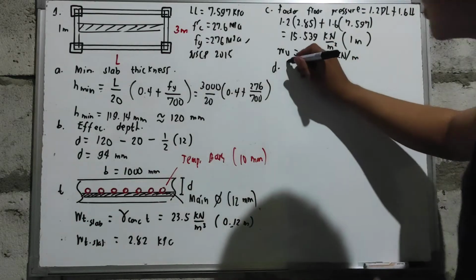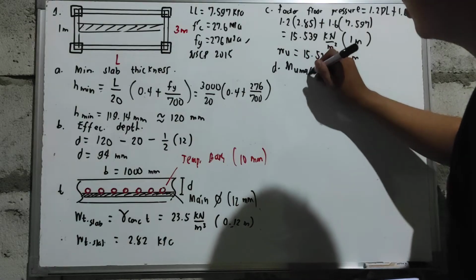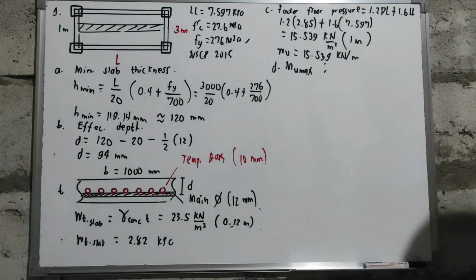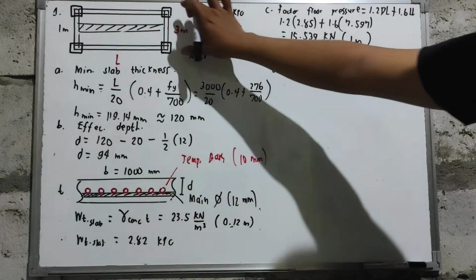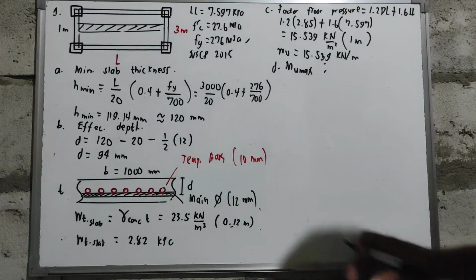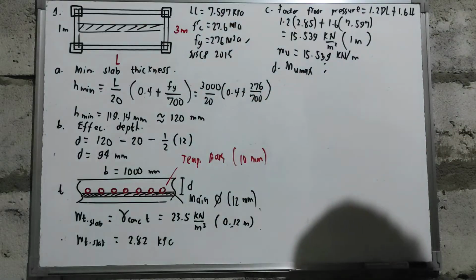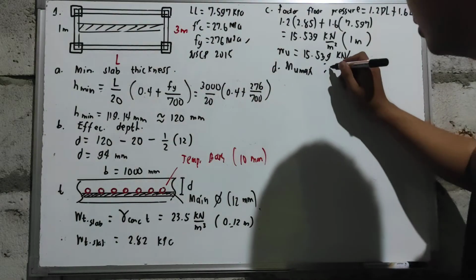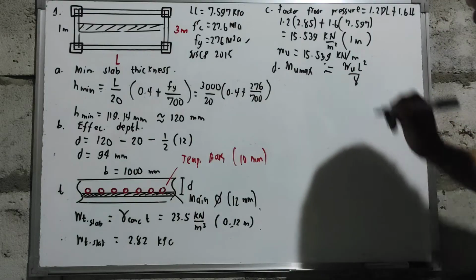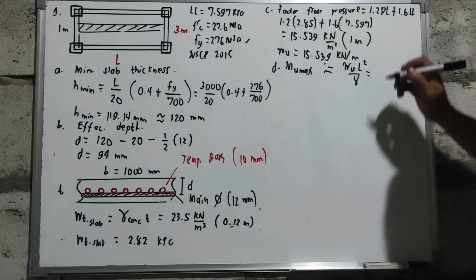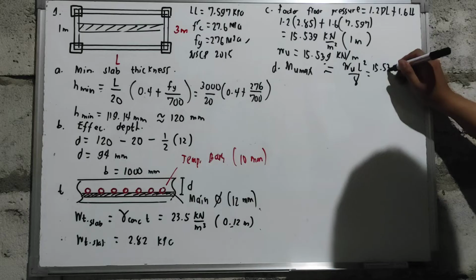So hanapin ngayon natin yung MU max natin. So yung MU max natin, mako-compute natin yan referring to the loadings. So kung titingnan natin yung shorter span natin, that is a uniformly distributed load. So for uniformly distributed load, that is WL squared over 8. So yung WU natin, that is 15.539.